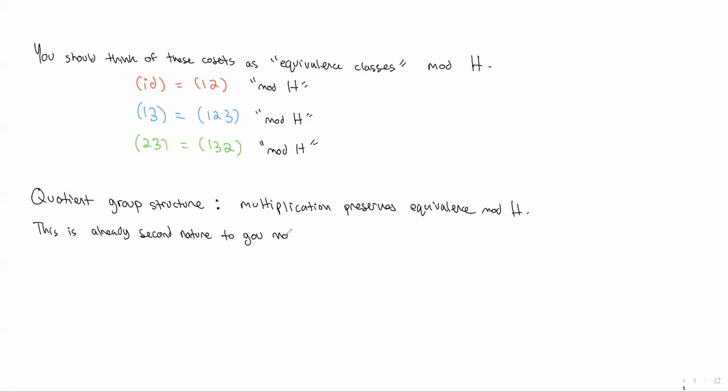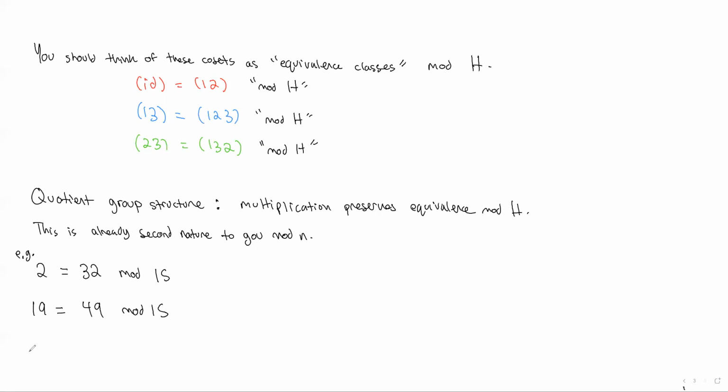You're already comfortable presumably working mod n. You can add and subtract, and it'll preserve being equal mod n. So for example, 2 is equal to 32 mod 15. What's another one? Let's do 19 equals 49 mod 15.